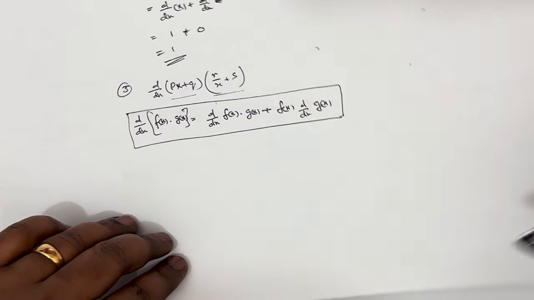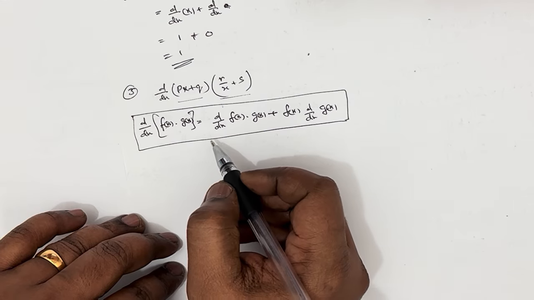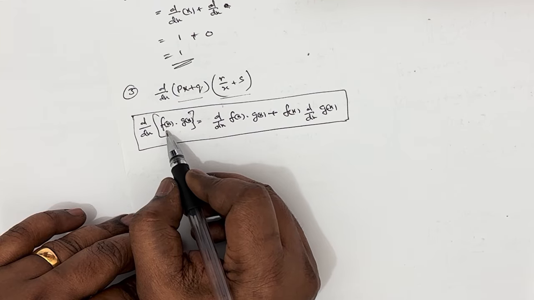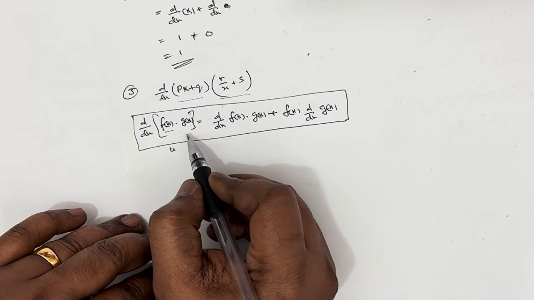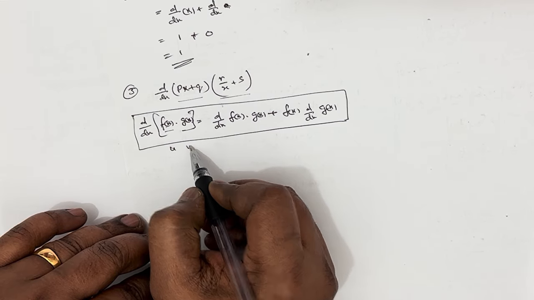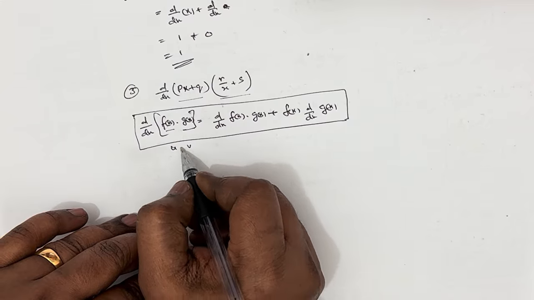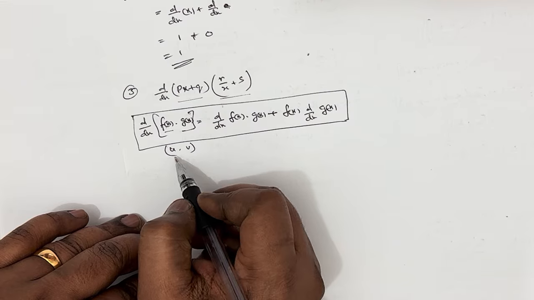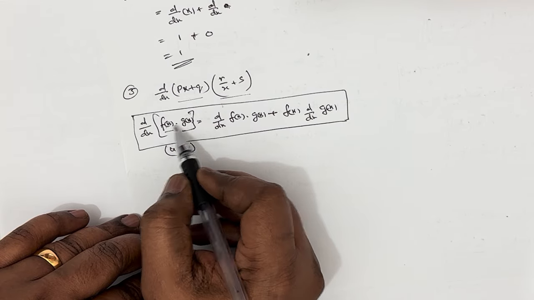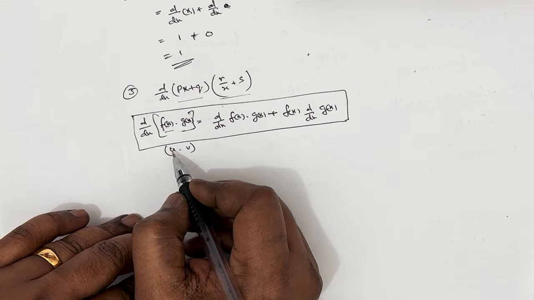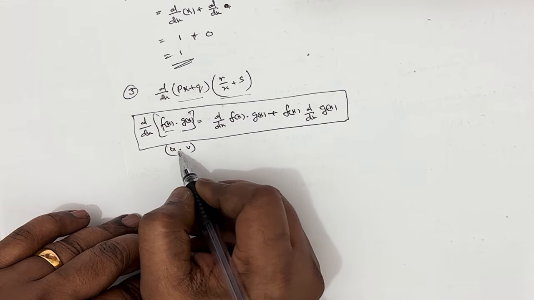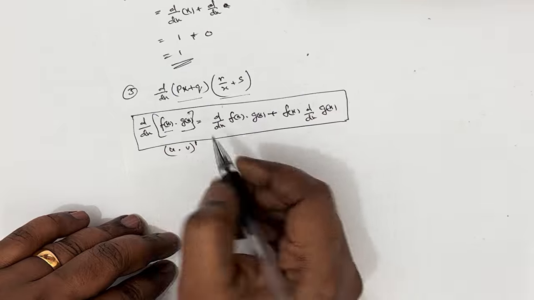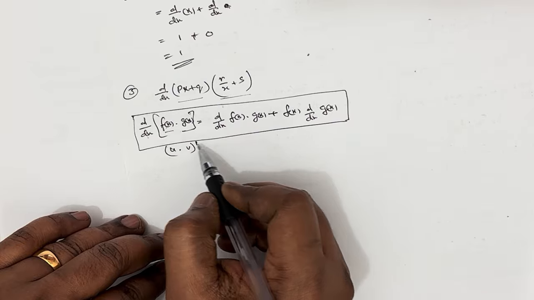We have done this kind of problem earlier. This is exactly the same as the uv method. The first function is u, the second function is v, so u multiplied by v. So this is also a product of two functions, and the derivative of the product will be, in terms of uv, with the notation uv dash. Here it's d by dx, here it is dash.